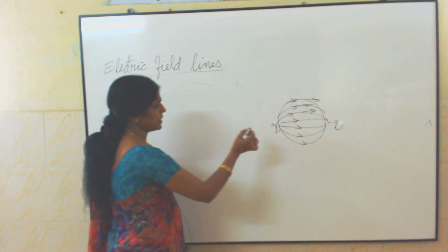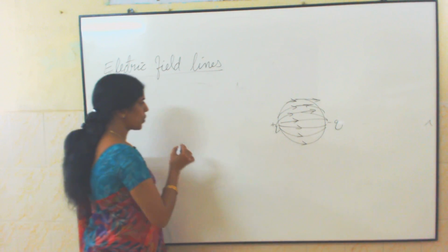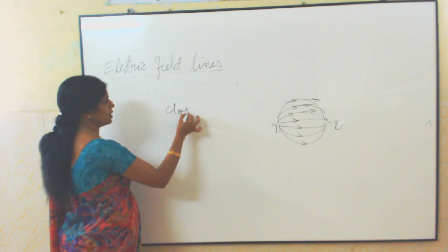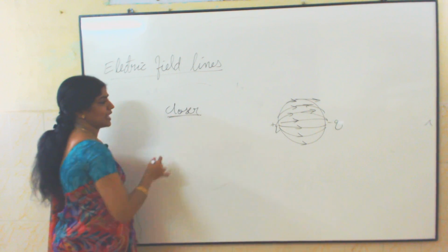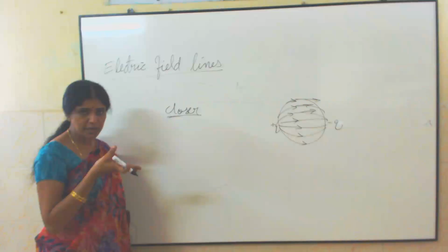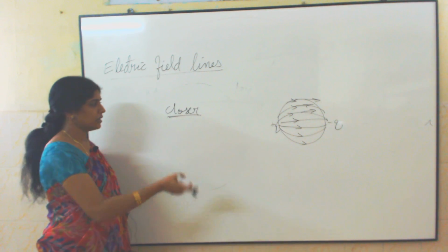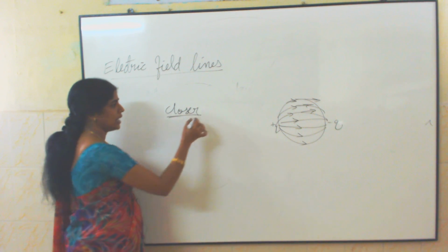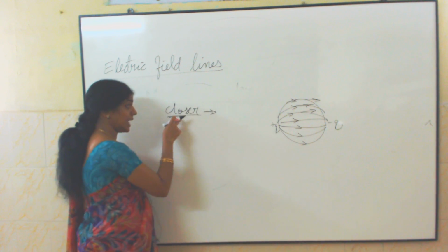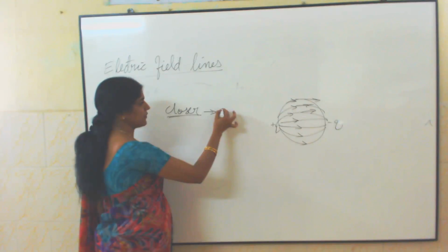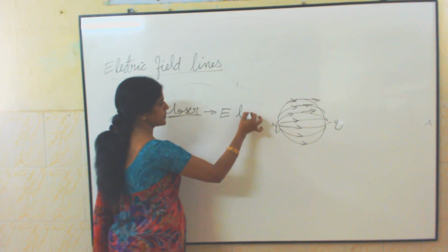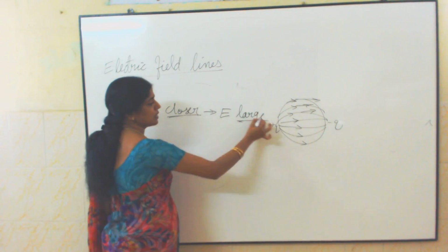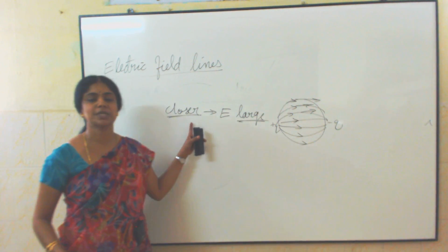Now, if those electric lines of force are closer to each other, what does that mean? Electric lines of force represent the electric field intensity. If the electric lines of force are close together, I can say that at that place the electric field will be large. Electric field intensity will be large if the lines of force are closer.